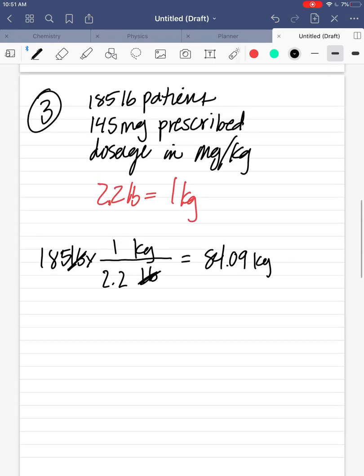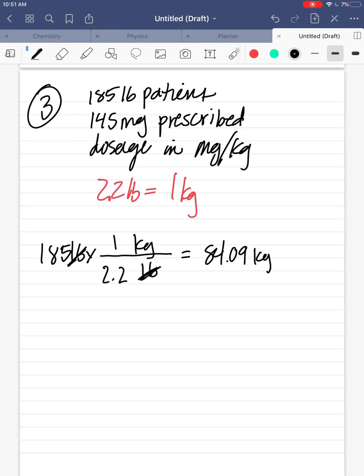So we figured out the kilograms. All we've got to do now is figure out milligrams per kilogram. So that literally is putting the 145 milligrams divided by 84.09 kilograms. I'm sure there is probably a better way to do that as far as dimensional analysis than putting all the conversion factors back to back to back.